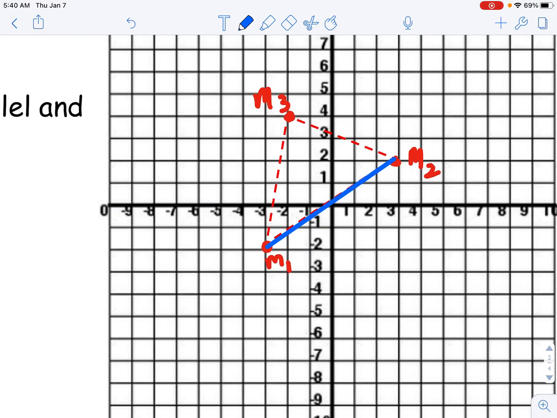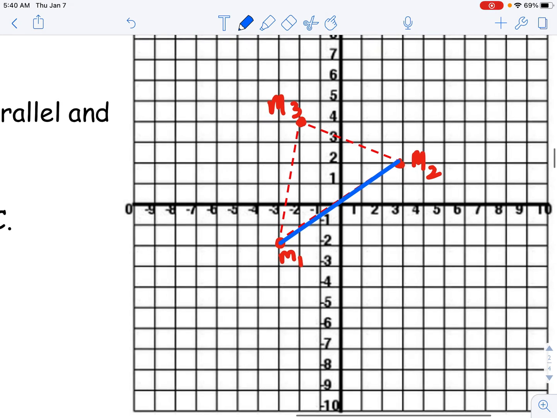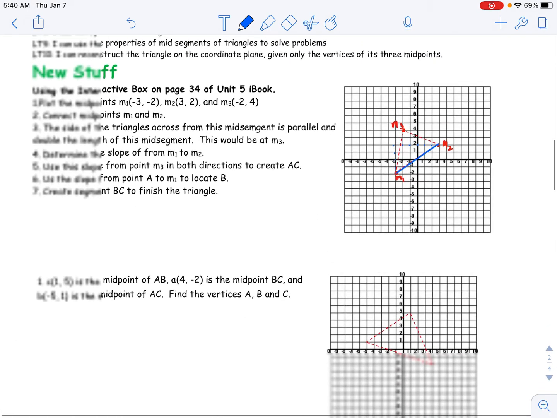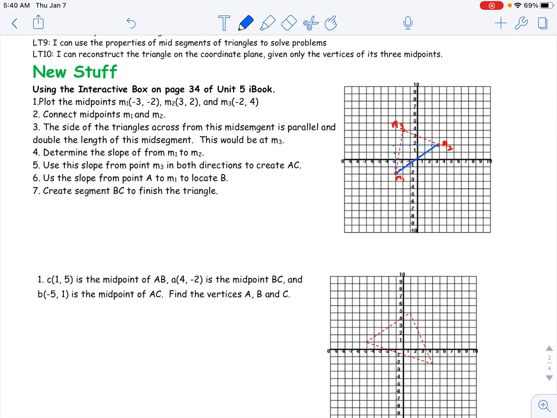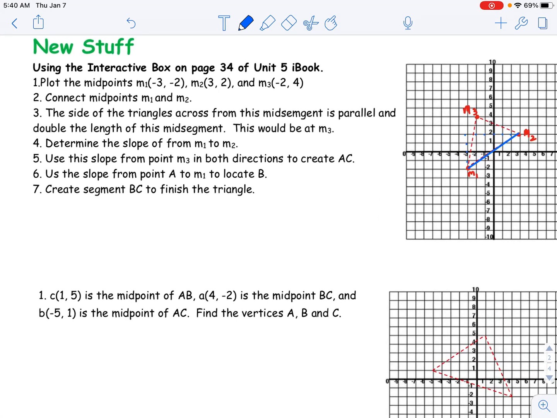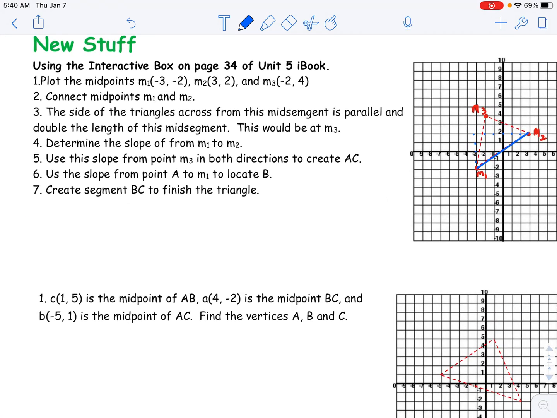So this slope right here is, let me think about this. 1, 2, 3, 4. 1, 2, 3, 4, 5, 6. Alright, so let's say the slope from midpoint 1 to 2 was 4 over 6.